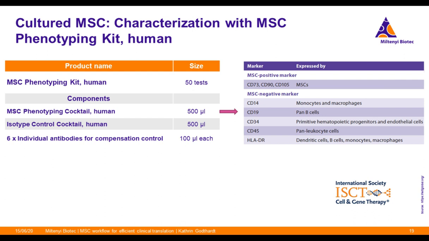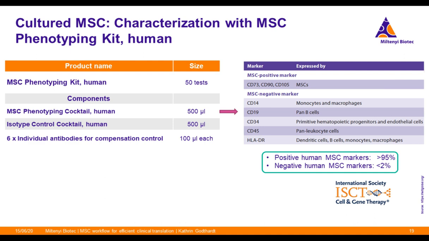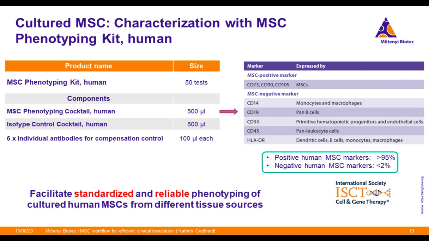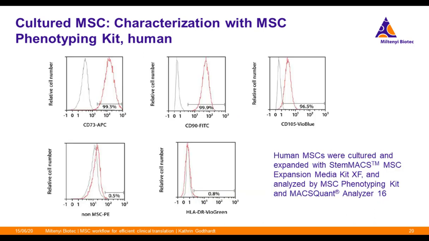The phenotyping cocktail contains all the relevant MSC markers, CD73, CD90, CD105, as well as the non-MSC markers and HLA-DR, as recommended by the ISCT consortium. So it facilitates standardized and reliable phenotyping of cultured human MSCs from different tissue sources.